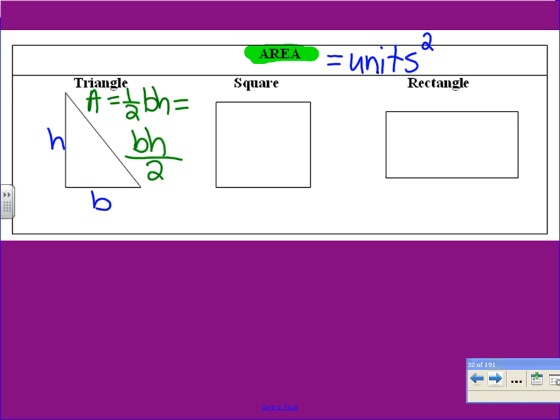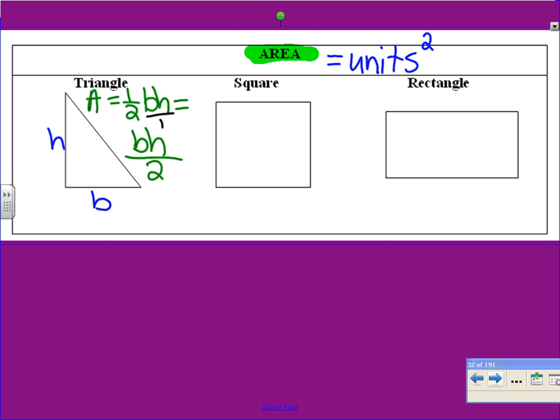Base times height is on top. Any whole numbers in the top, if you put a 1 on the bottom, 2 times 1 is 2. Base times height times 1 is base times height. Adam, you're exactly correct. But all I want to explain to you, Annalise, is why these formulas are the same. So 1/2 times base times height, 1 times BH is the same thing as 2 times 1, which is 2.